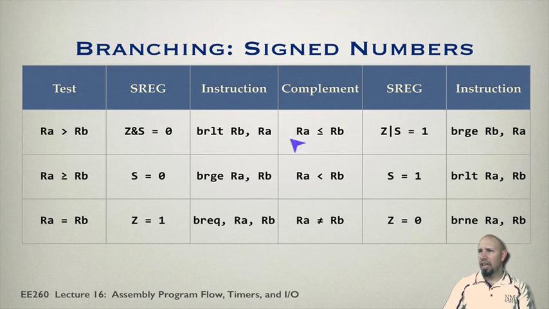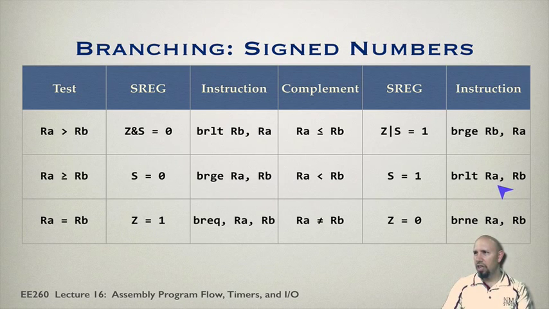Okay, and again, RB and RA. So now if we do it this way, RA greater than or equal to RB, notice I don't have to swap the two. I can use them directly. And similarly, if I use RA strictly less than RB, I don't have to switch them either. I can use less. So notice it uses the same command, just a matter of what order you put the RA and the RB, the two registers that you're working with.